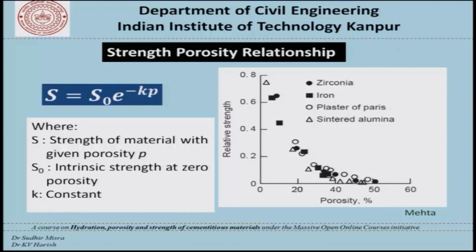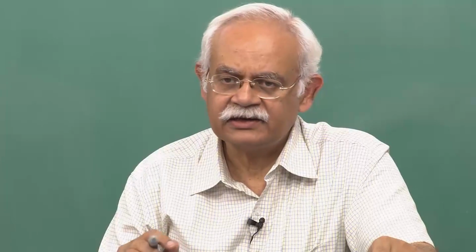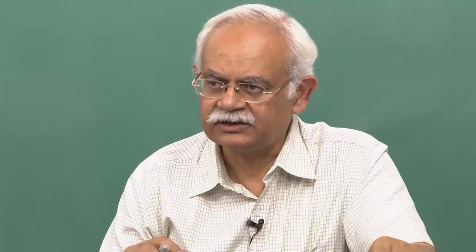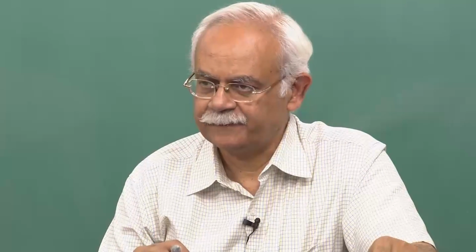Now let us look at some of the models that are available to us, some of the thought processes that we can use to understand concrete strength in relation to, let's say, porosity.